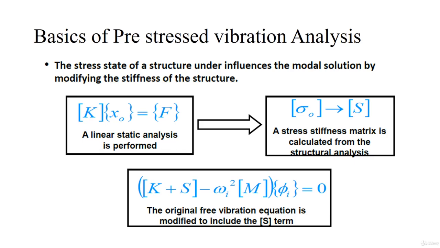Once we obtain it, we add this stress stiffness matrix, denoted by S, to the already existing stiffness matrix K. So the equation becomes (K + S - ωi² M) ψi = 0. The free vibration equation has been modified to include the S term, which is nothing but the stress stiffness matrix, which comes from the structural analysis.